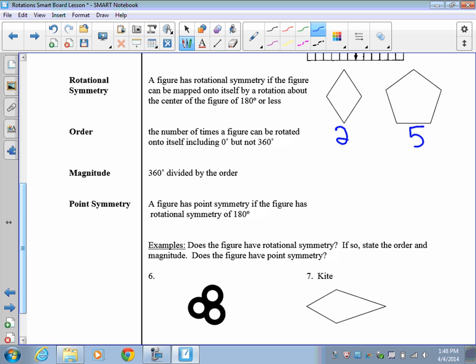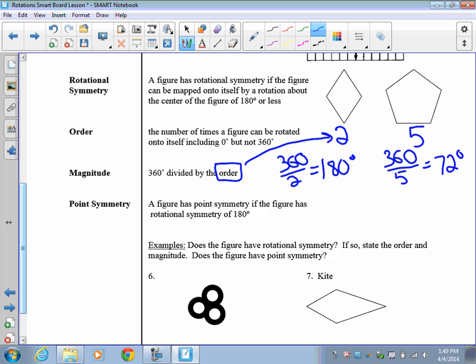So if I flipped it 180 degrees, that's the magnitude, 360 divided by the order, which was 2. That's the magnitude of this shape. The second one has an order of 5. So that means every time I rotate it 72 degrees, it's going to repeat itself. You're going to have the same shape again.